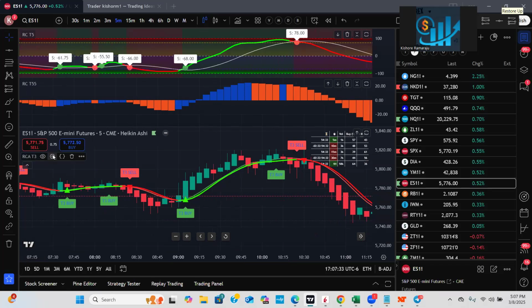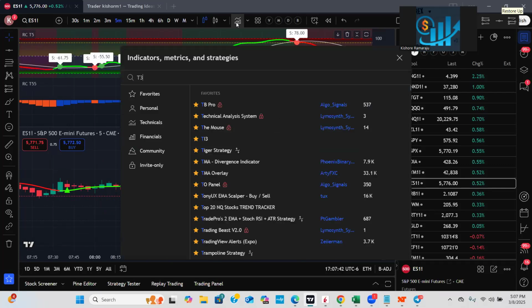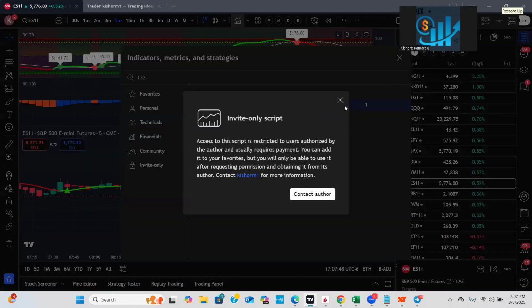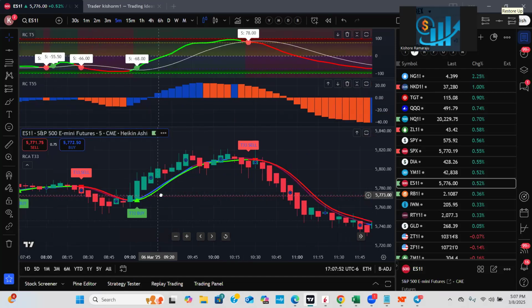So we have another indicator called T33. There is no difference between T3 and T33, except here you will have just one signal.